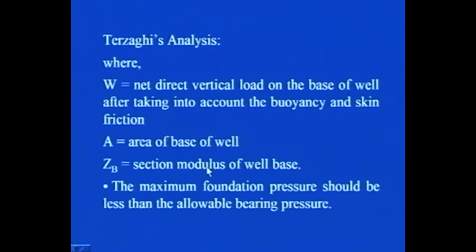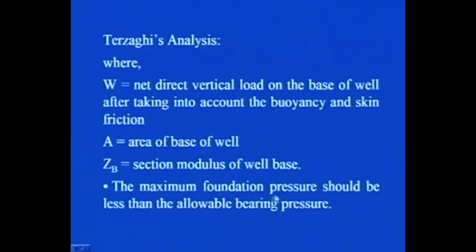If it is circular in section, it will simply be pi by 4 into diameter squared, and if it has some other shape and size, then accordingly you have to find the area of the base of the well. Then ZB is the section modulus of the well base.